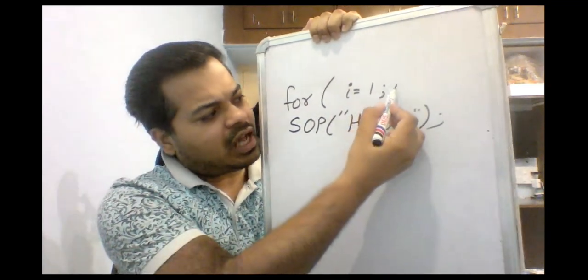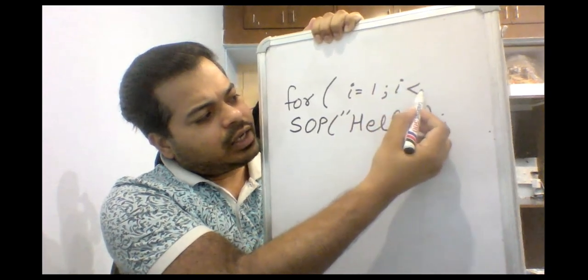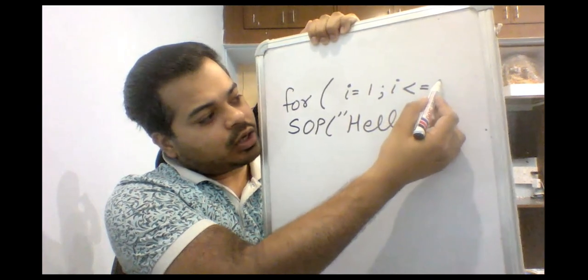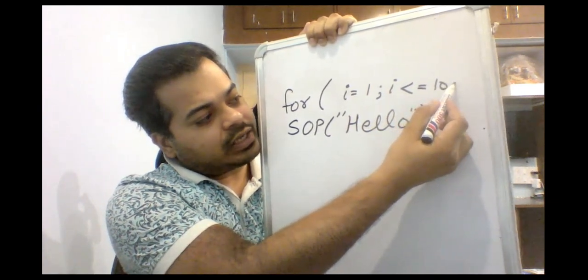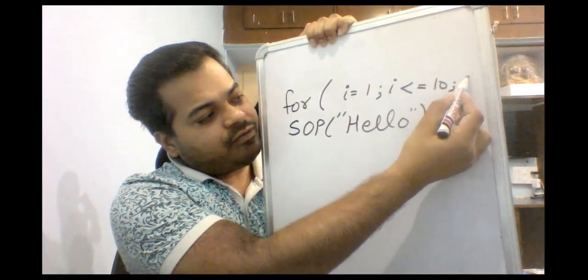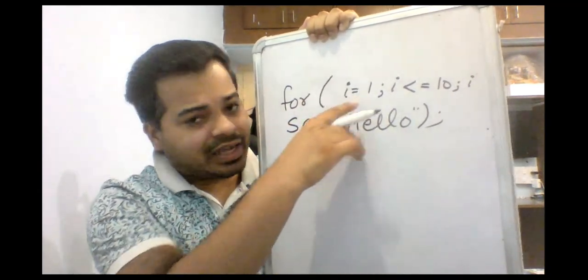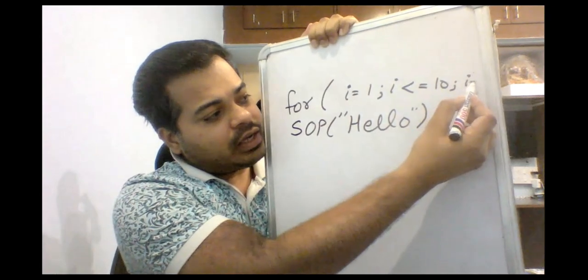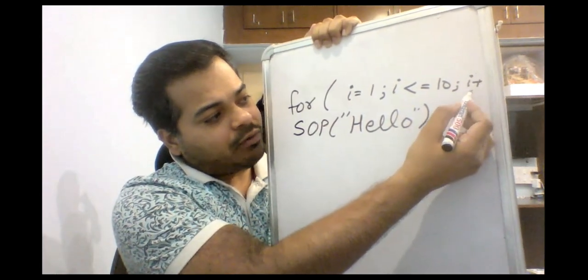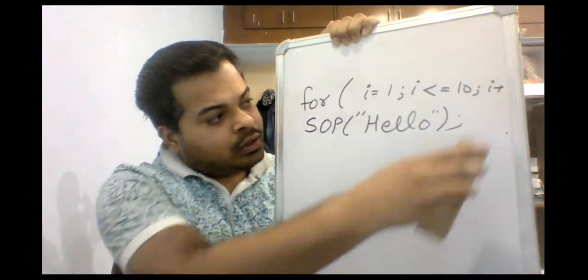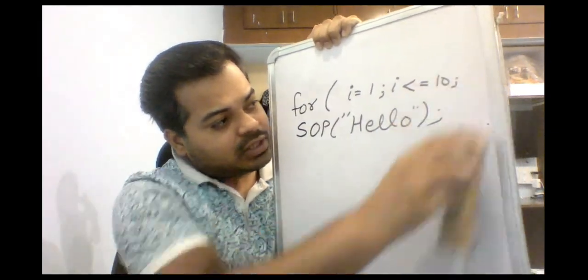So probably you will say that I want to run it until my I value becomes less than or equal to 10. And then after every value of I, once one value of I is over, I want to increment the value of I. So I want to make it I plus plus.